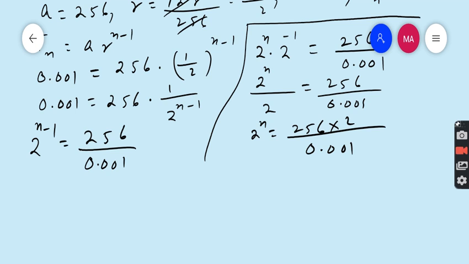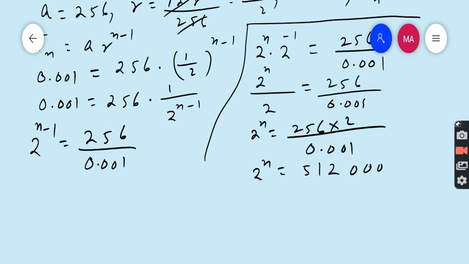Now use calculator. So 256 into 2 divided by 0.001 is 512000.